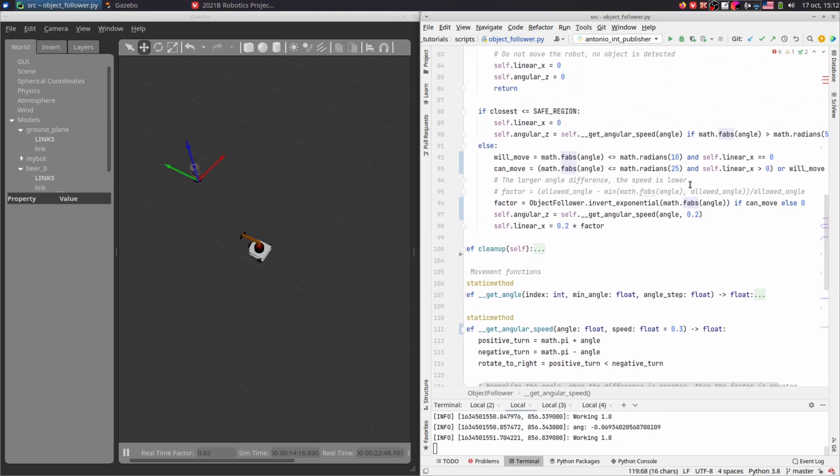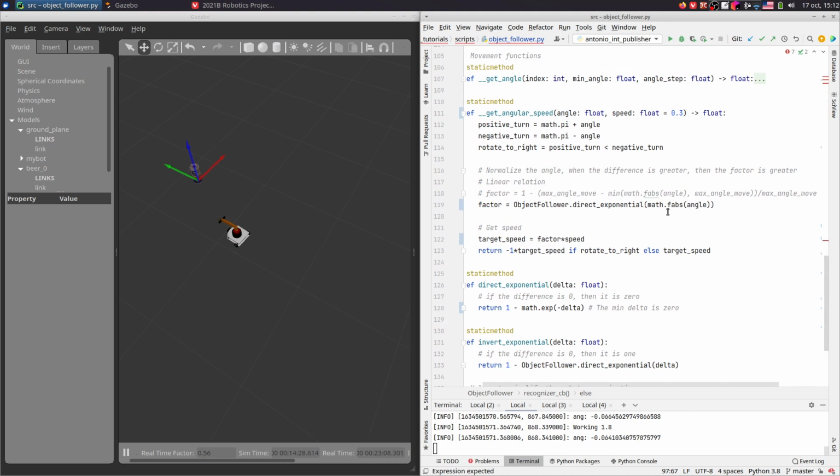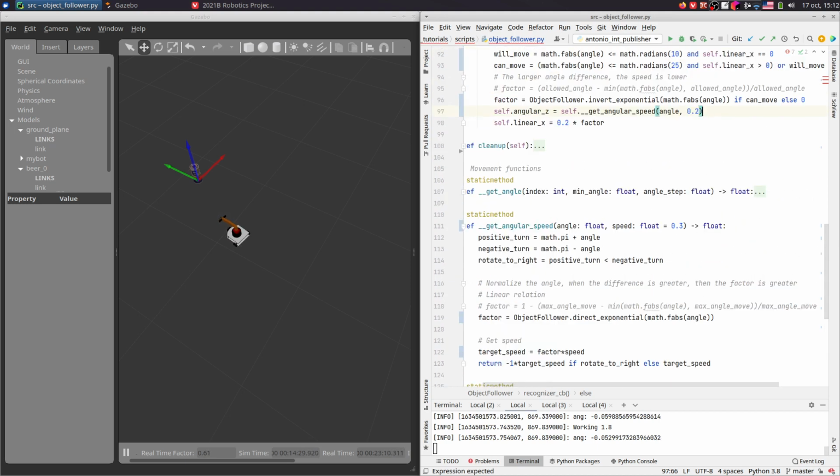Also, I tried a compensation. The compensation is to multiply our angular speed, that is our factor that we have, only if the robot was moving. That's all that I have in that approach, in that idea. That's all from our robot.